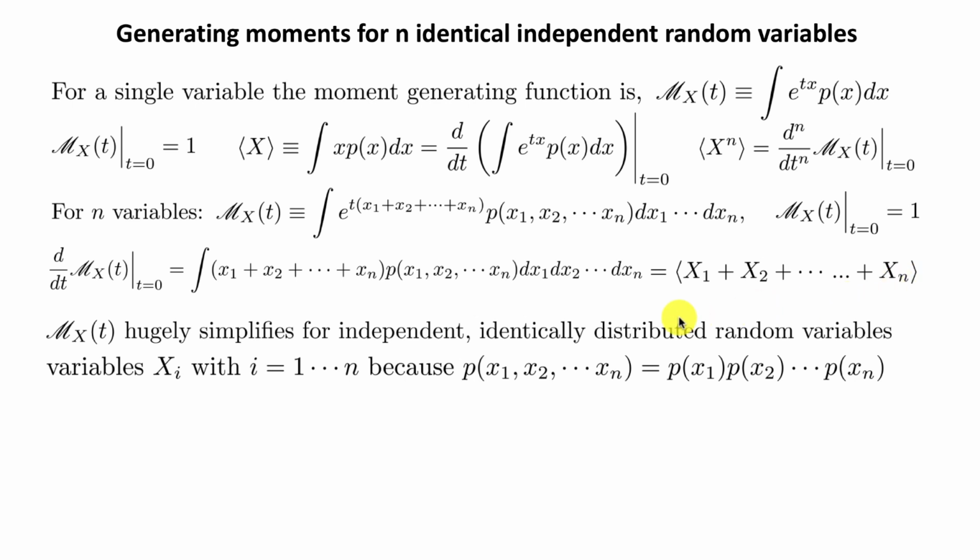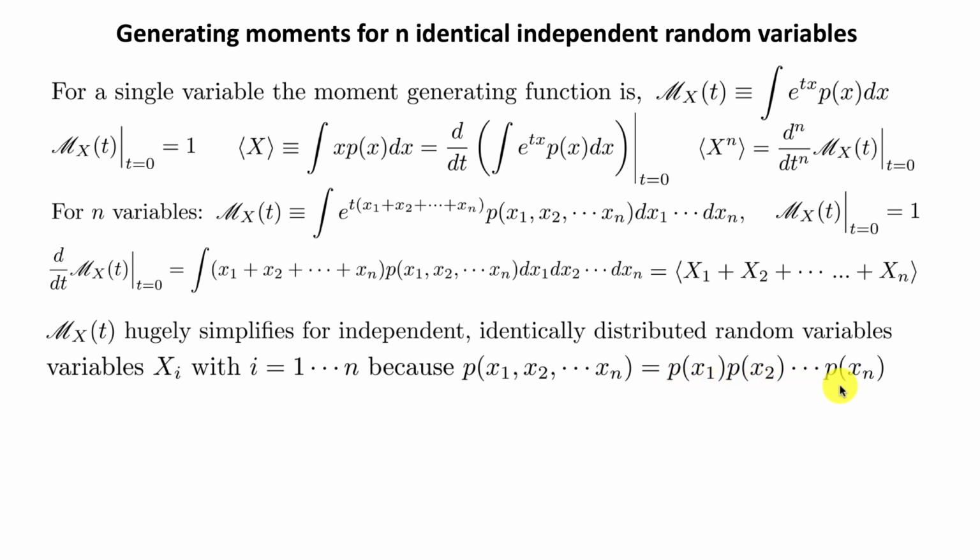However, if you have independent, identically distributed random variables, that means that this p over here, which depends upon n variables, actually is simply a product of n p's. And since they are identical, therefore they're all the same.